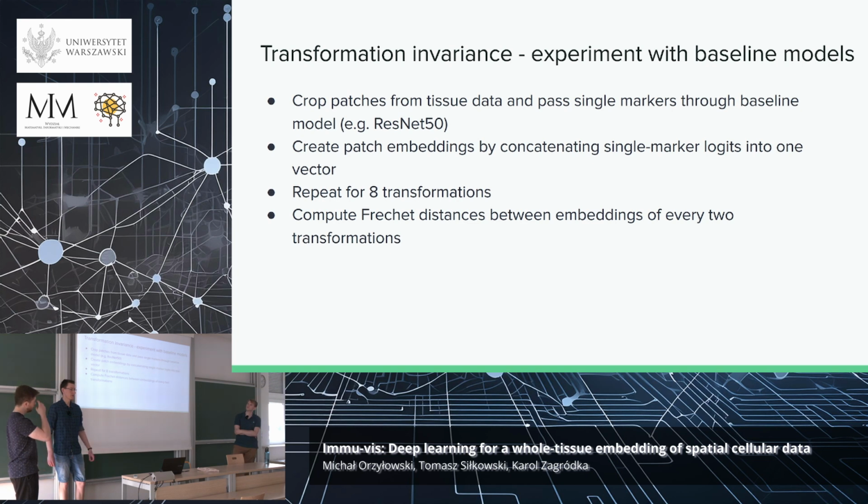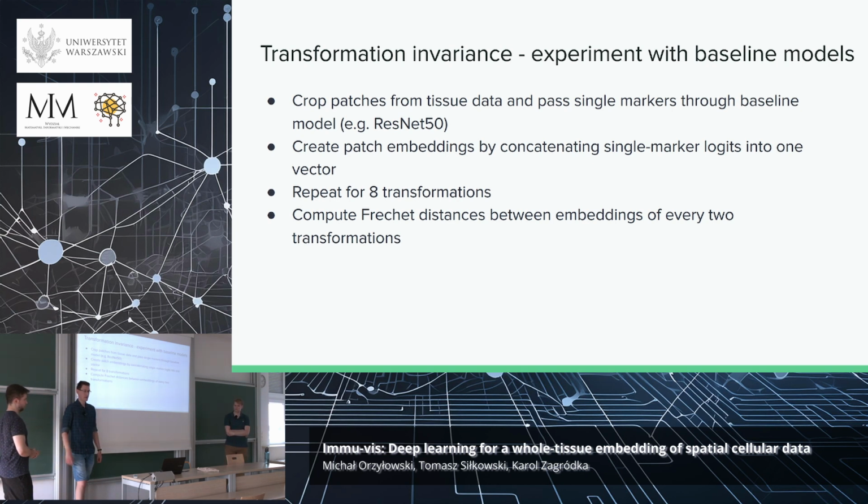Then we used such transformed data to perform some experiments. We cropped patches from these tissue scans, and we passed single markers through a baseline model. In that case, it was ResNet 50. ResNet 50 produces logits for 1000 classes, which are not suitable for image reconstruction, but they are still embeddings of some sort, and they were still useful for this particular experiment.